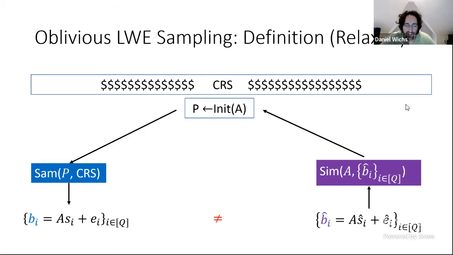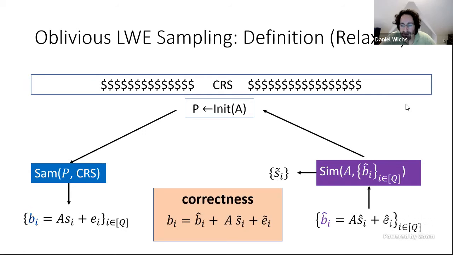And so in the relaxation, I'm not going to insist that when the simulator programs the CRS and P, he can get the sampler to output exactly the target values BI hat that he's trying to hit. There might be some mismatch between them, but I'm going to insist that the value the sampler outputs includes the target value BI hat plus some LWE sample for which the simulator knows the secret SI hat.